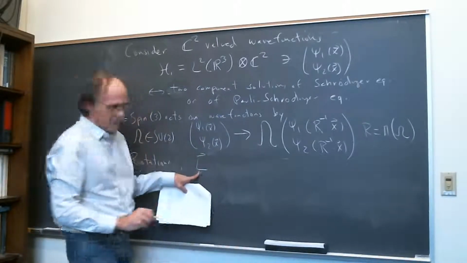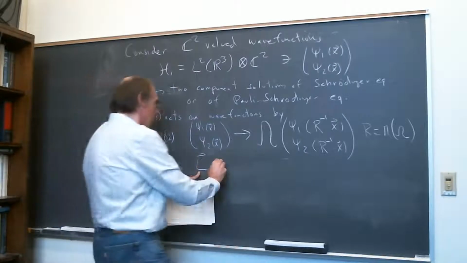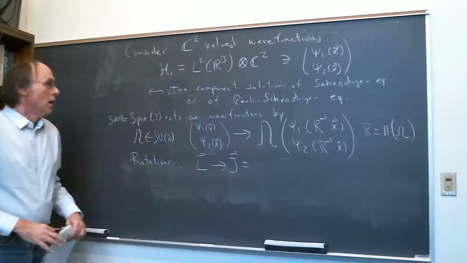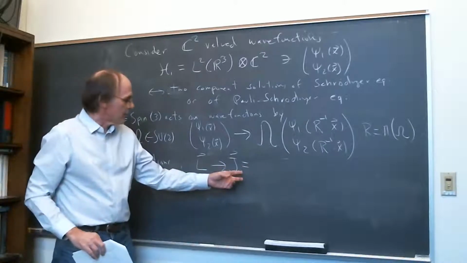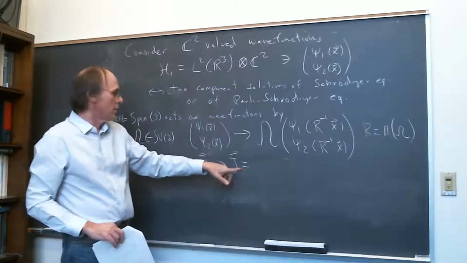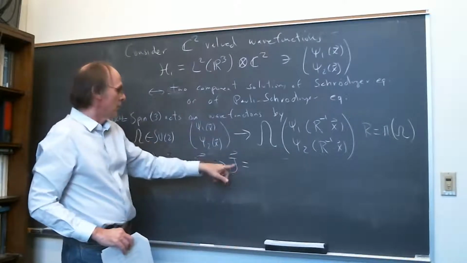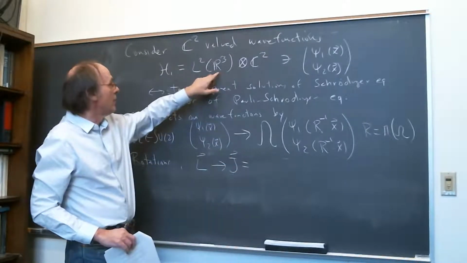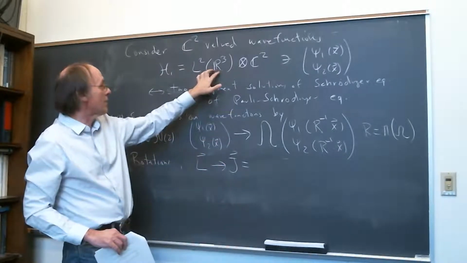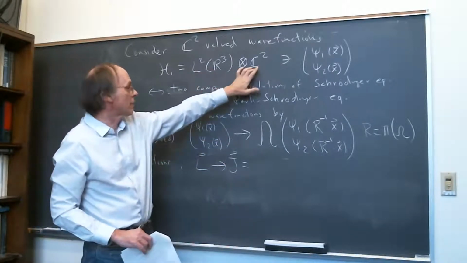What you used to have, this L vector, now goes to J vector. And remember when you take the Lie algebra acting on a tensor product, you get two pieces. You get a piece of how this is acting on here, and then acting trivially on there.